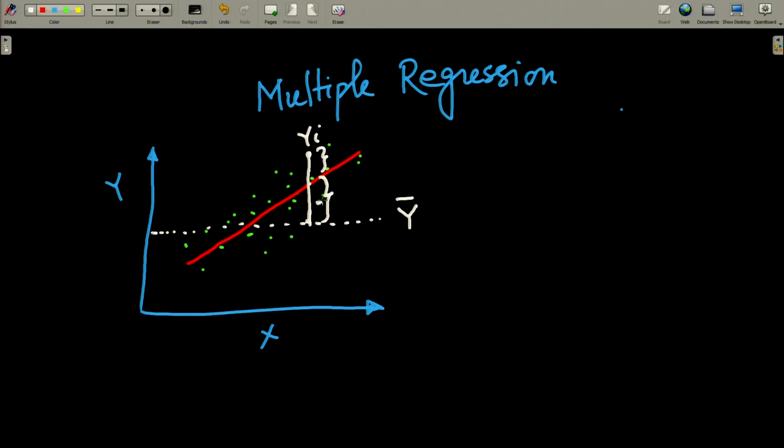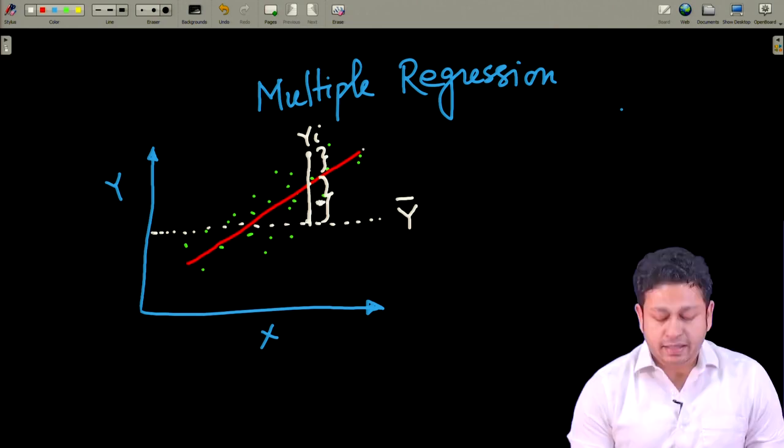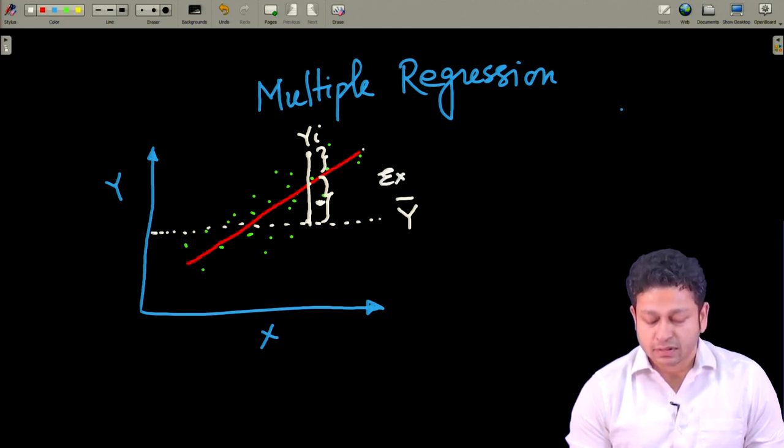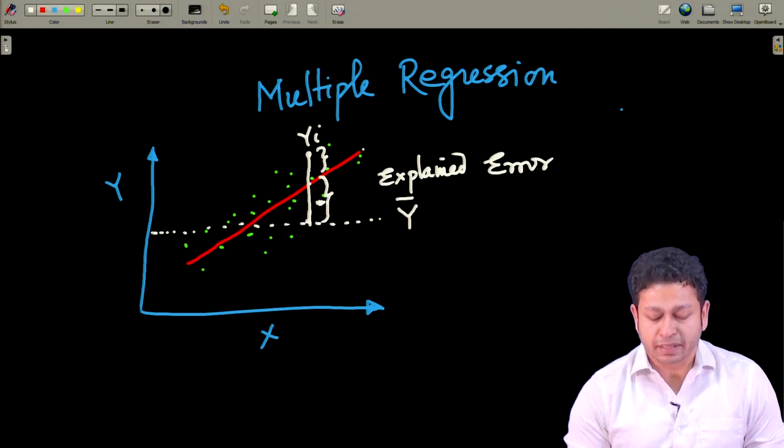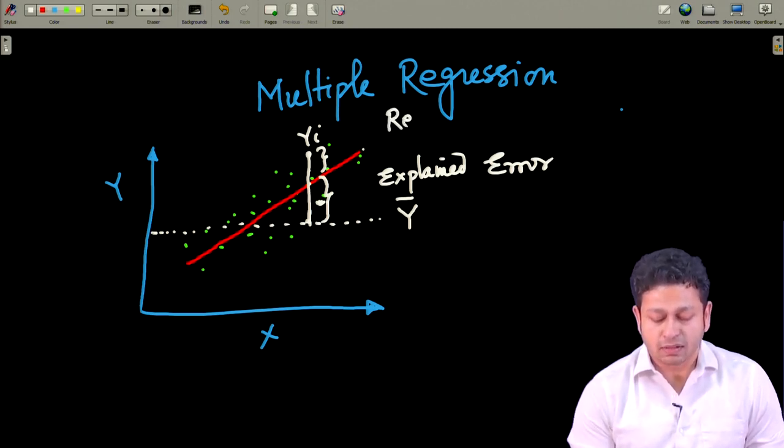Now, the first component here is explained by my regression line, and we have defined it as explained error. The other part of the error is not explained by my regression line, and we call it the residual error. This part is called residual error.